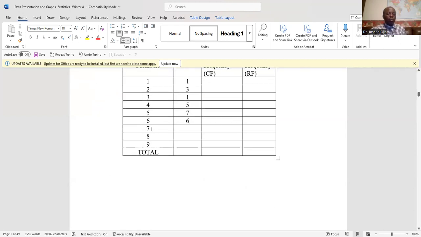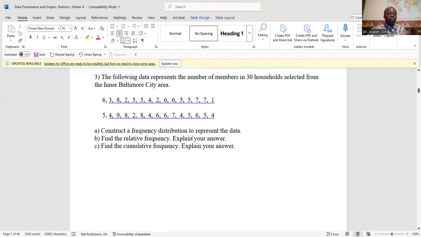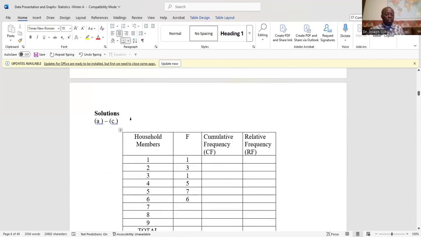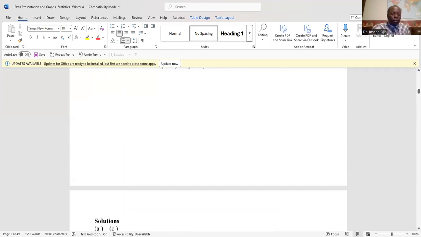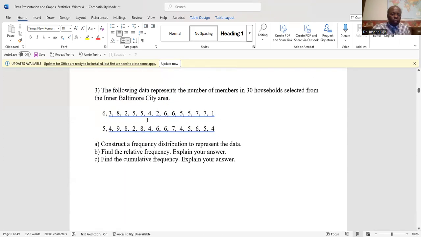How many 7s do we have? 1, 2, 3. 3 7s. How many 8s do we have? 1, 2, 3 8s.